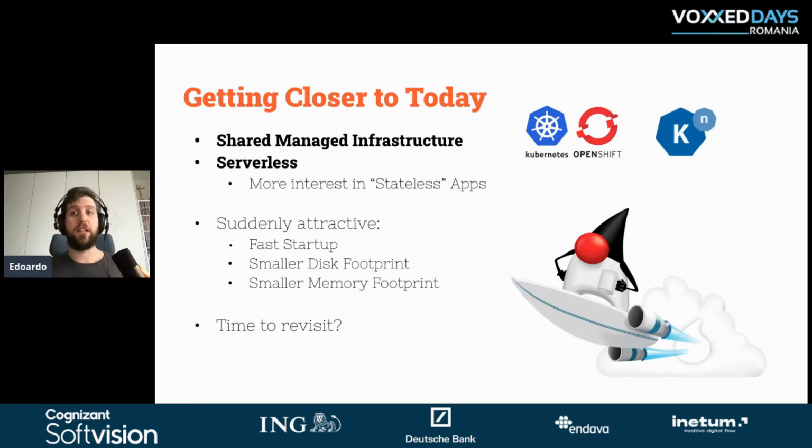Now, the landscape today has changed because we live in this shared managed infrastructure. So we don't necessarily own our hardware anymore, and actually we want to delegate the owning and the managing of our infrastructure to someone else. That means that suddenly we pay per use, and it becomes more attractive to have a faster startup, smaller disk footprint, and smaller memory footprint, because we pay for that use.